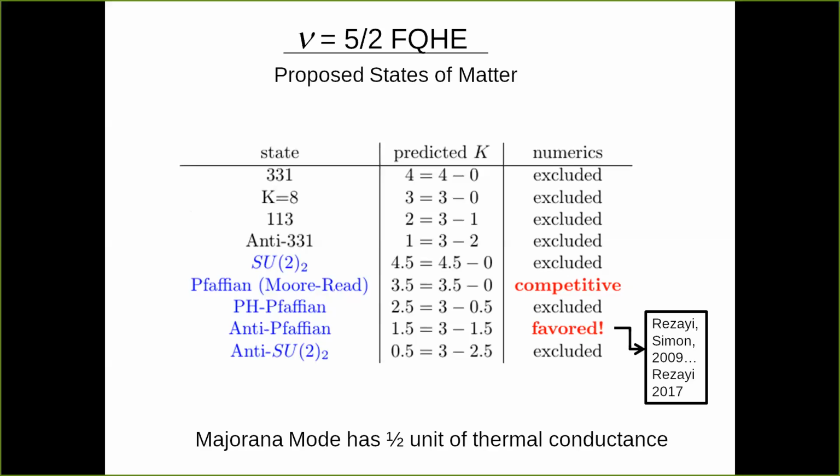I gave up on it out of frustration, but Ed Rezayi is extremely tenacious. And in 2017, he actually found out why certain ways of addressing the problem seemed to give a different answer than what we had originally gotten. What we had originally gotten actually turns out to be correct, that when you add back in the weak particle-hole symmetry breaking terms, the Anti-Pfaffian is slightly favored over the Pfaffian. So that's what we expect theoretically from the numerics.